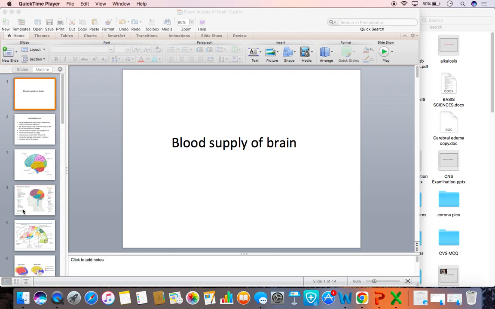It is important to understand this terminology. Commonly we call the cerebrum as brain, but by definition, brain comprises of cerebrum, brainstem, and cerebellum.